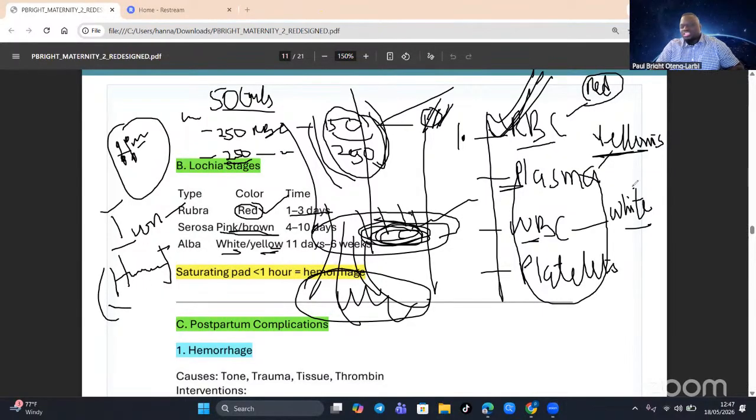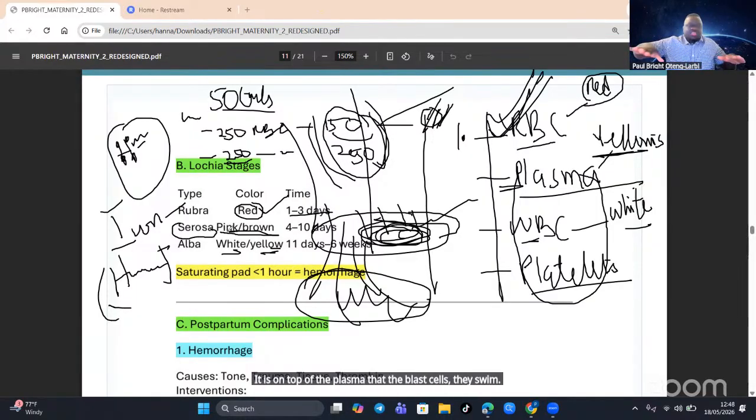So the plasma is just the water part. It is on top of the plasma that the blood cells swim. So we say blood is a connective tissue. Yes, the plasma will help you to swim.